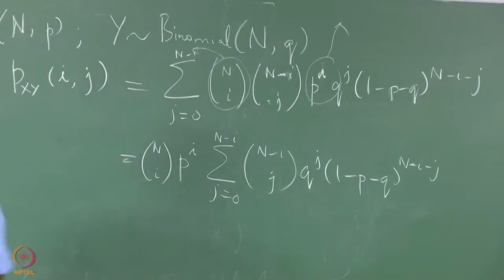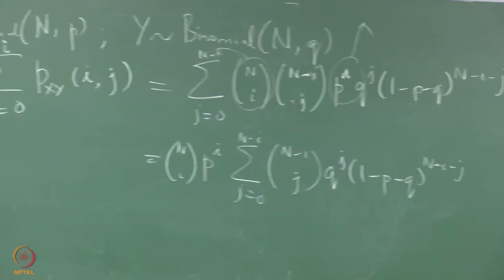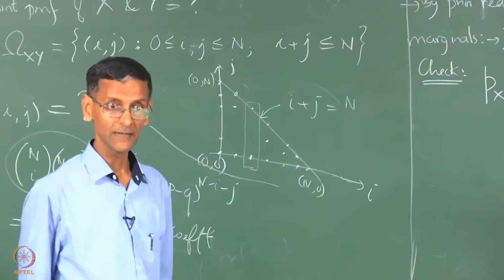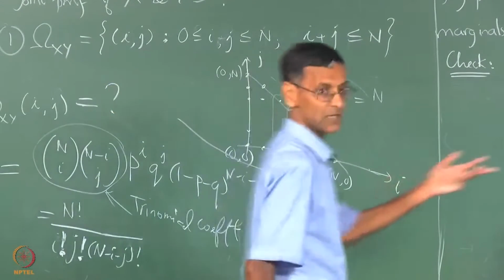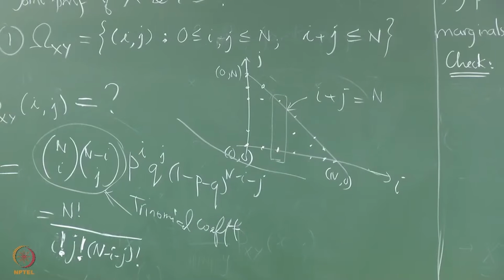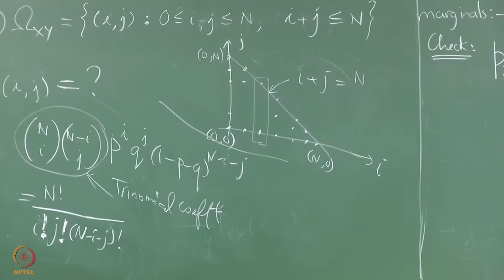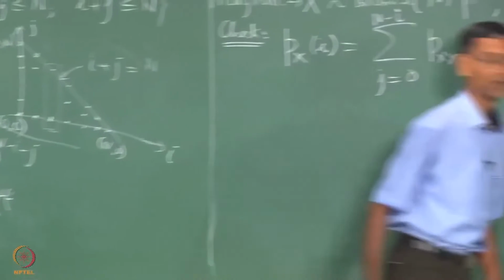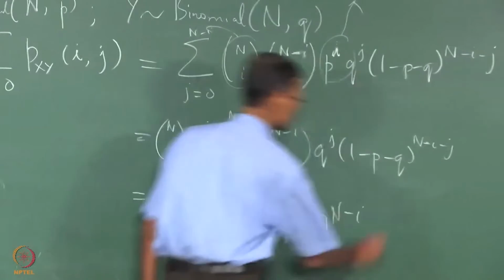This is a very simple binomial summation. What do you get when you do this? It is q plus 1 minus p minus q, whole power n minus i, right? It is a simple binomial summation, is it not? That is all it is, for all i.